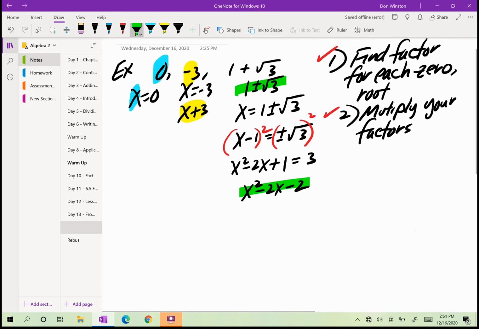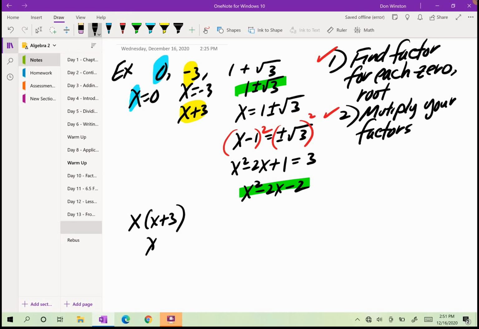So now I just multiply all of my factors together. So x times x plus 3. I'll do that first. That would be x squared plus 3x. And then I multiply that by x squared minus 2x minus 2.